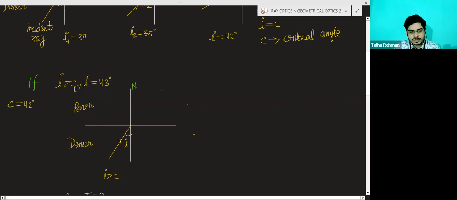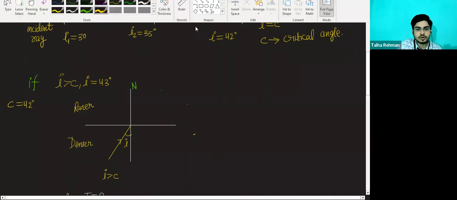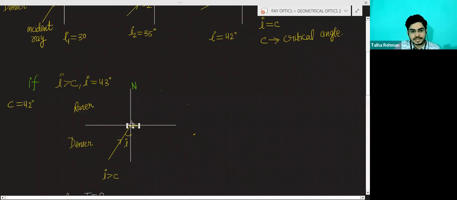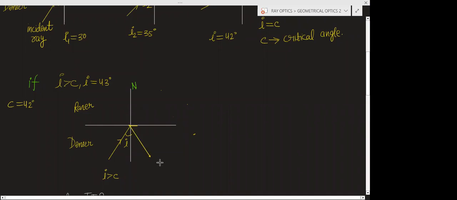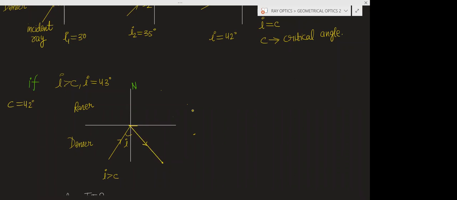If the angle of incidence becomes greater than the critical angle, and the critical angle was 42 degree for the same interface, for this medium, then there will be no refraction. There will be only reflection. The light ray will be reflected, not refracted.